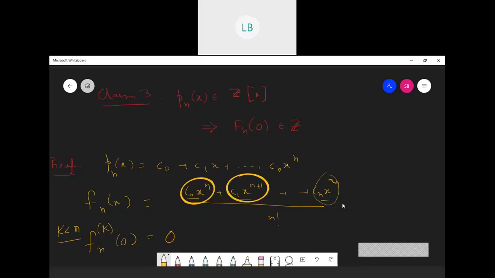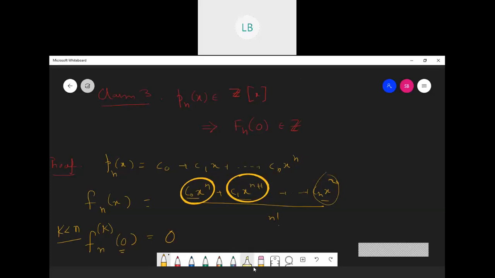So in each term, there will be some non-negative power of x remaining. Here it will be x power n minus k, here it will be x power n minus k plus 1, something like that. Now when we put x to be 0, then every term will be 0 individually. So the sum will be 0. Correct? So if k is less than n, then the kth derivative of f_n at 0 is equal to 0. It should be clear. Okay?